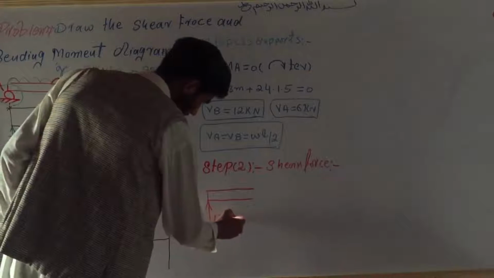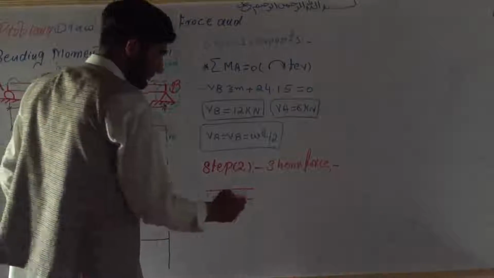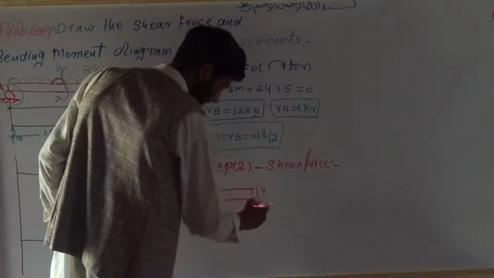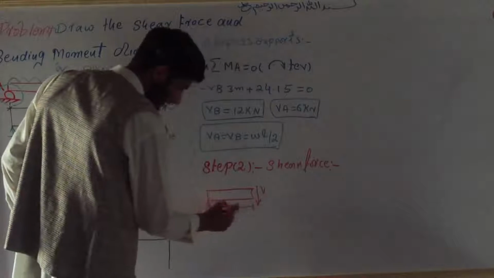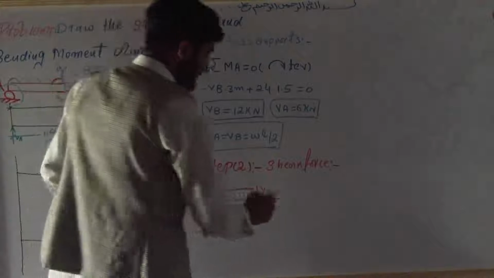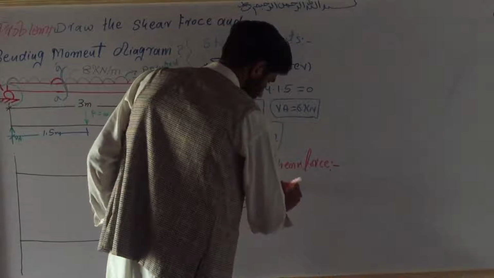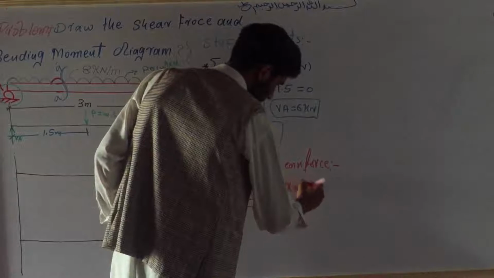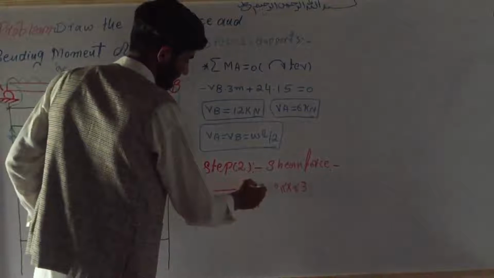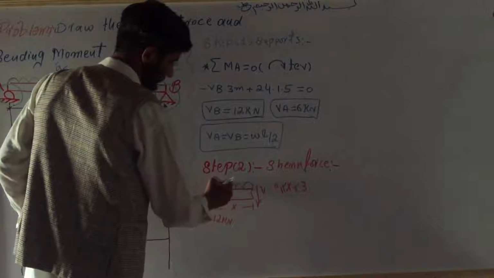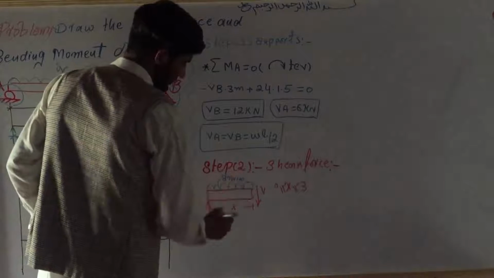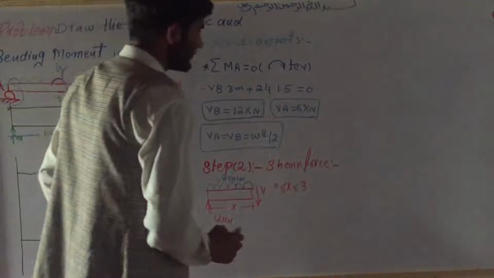There is the 12 kilonewton reaction, and this is our shear force V direction. Here we have X, because we don't know this distance, but the X interval is from 0 to 3. Here we also have the distributed load, 8 kilonewton per meter.